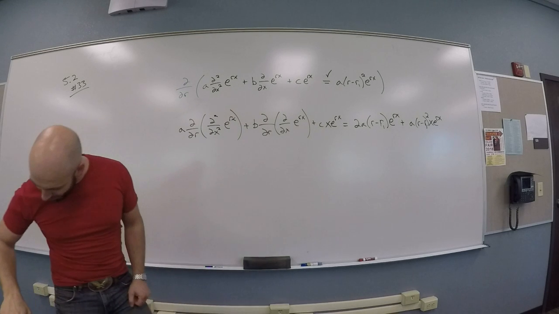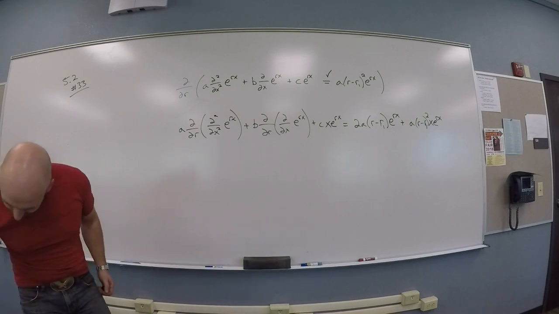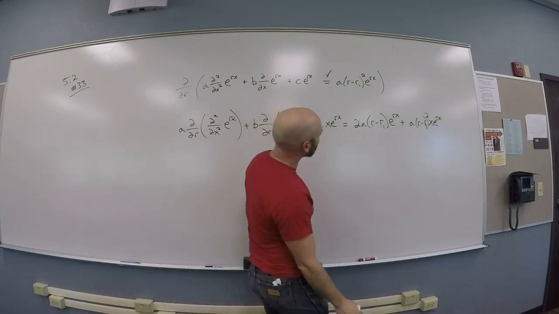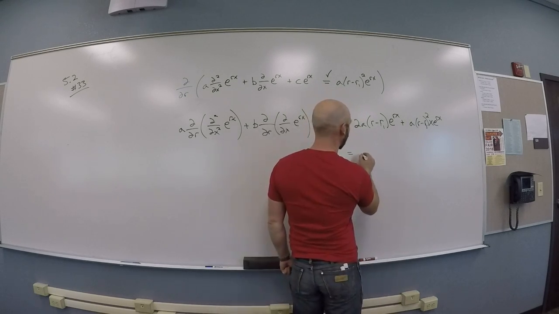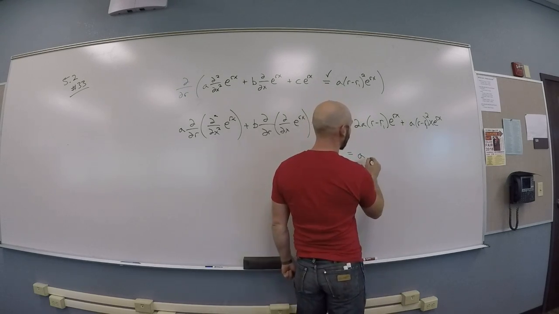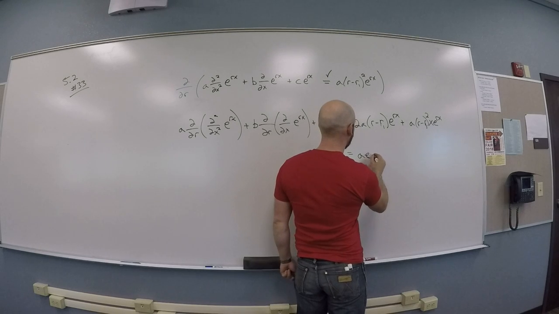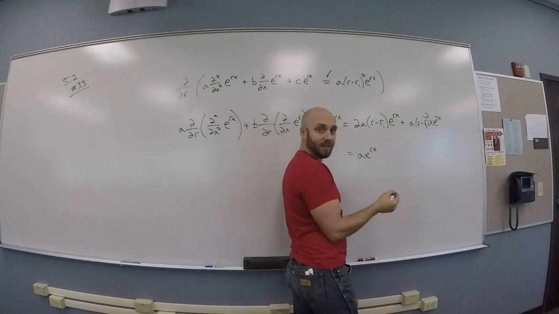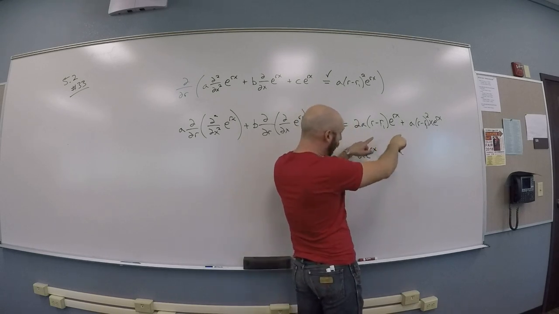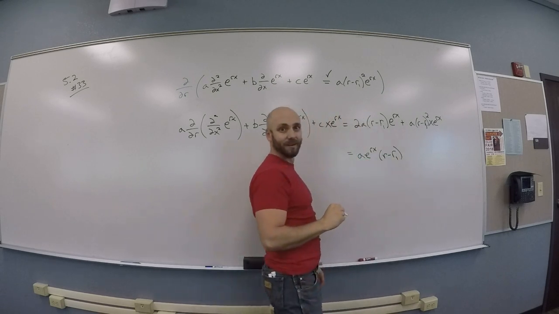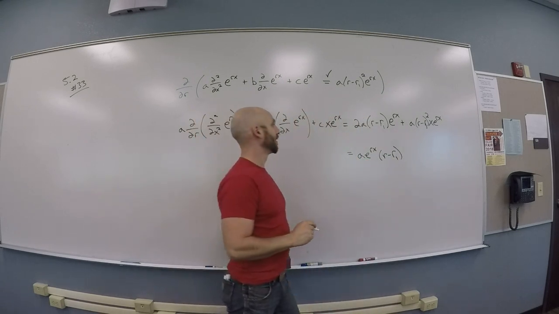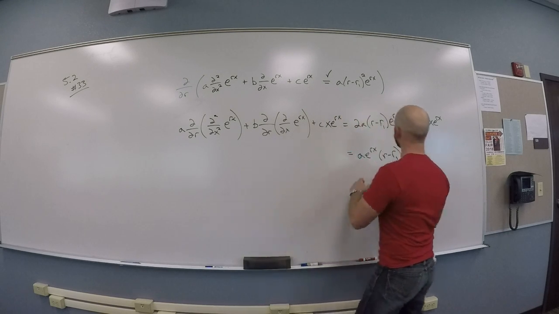And then they want me to notice that you can factor that out a bit. So what's in common between those? A, there's an (r minus r1), the e to the rx. So I'm just going to factor all that out. And then what's left in the first term?